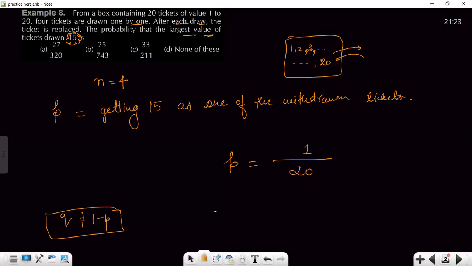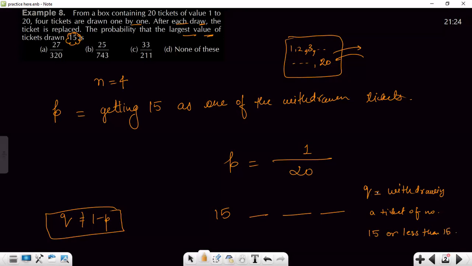Okay. So if 15 is there, there are 3 remaining tickets to be withdrawn. They can be any number, 15 or less than 15. Okay. So Q event is about withdrawing a ticket of number 15 or less than 15.